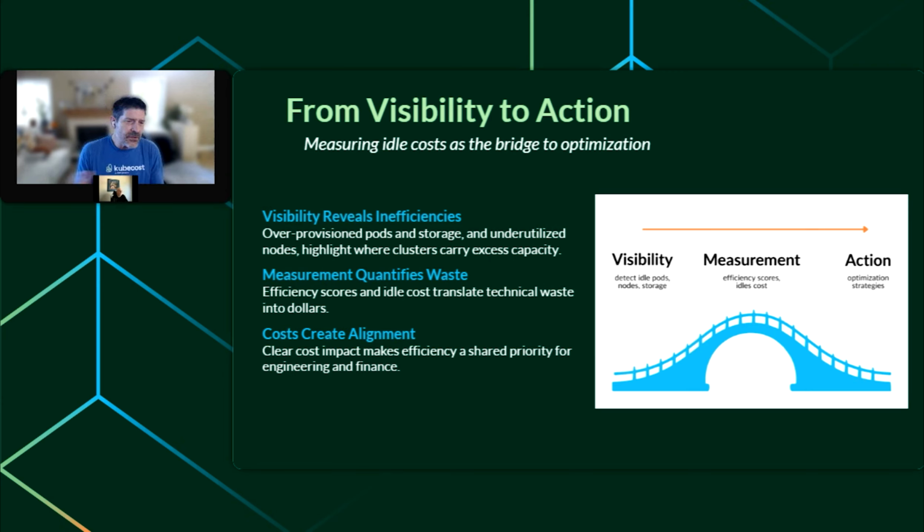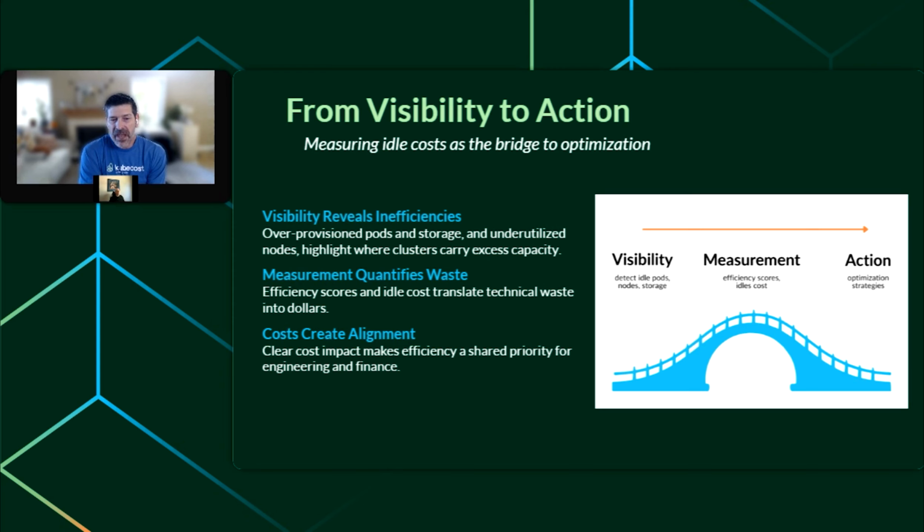But once you translate things like idle resource numbers into actual dollars, it gets easier to align teams around things like who owns this, who's responsible for determining how to improve this, what team, what app, what namespace, what cluster.